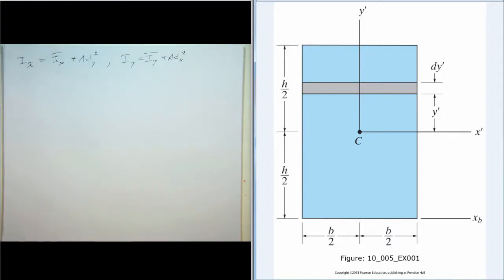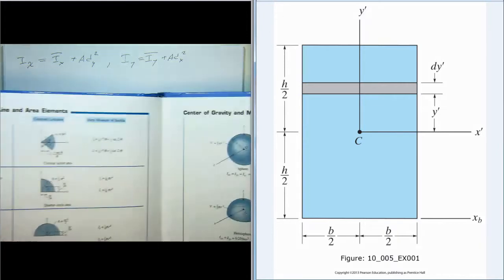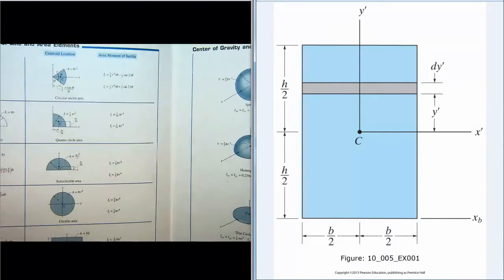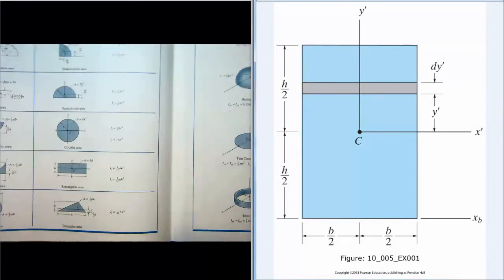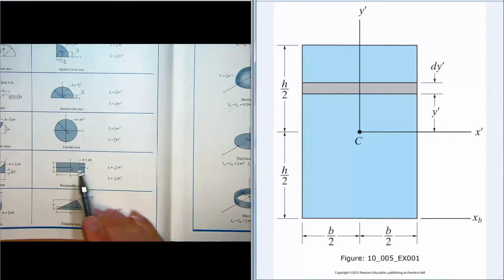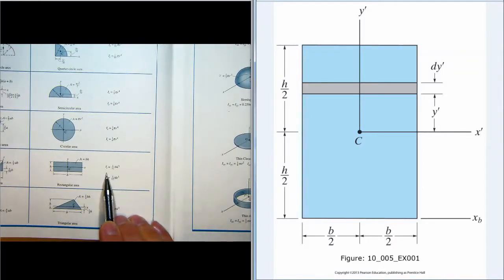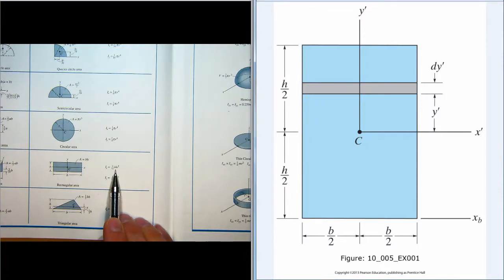So again, we're going to use equations provided in the back of the book for the nominal inertia, or the inertia about the centroidal axis. So we have here for a rectangle, it's basically 1/12 times one of the dimensions times the other dimension cubed.